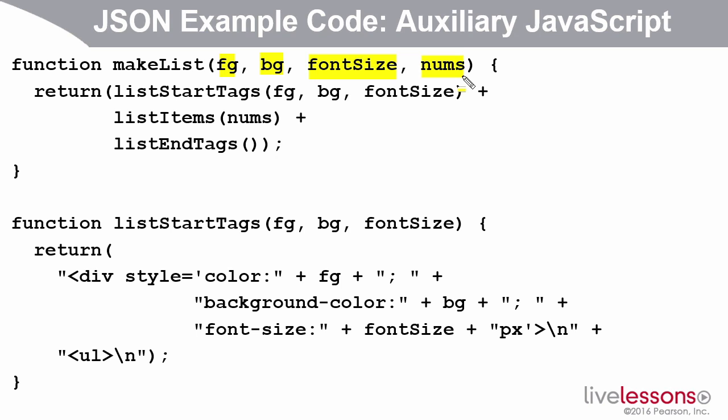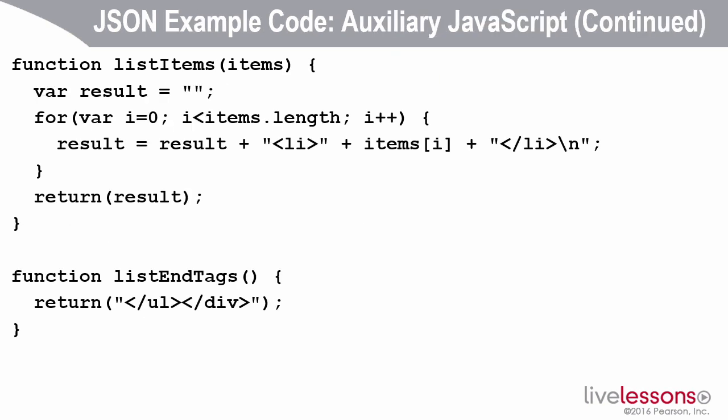Now, concatenating strings together to build HTML is pretty low level and easy to get wrong. So it's important that you test this function before you hook it up to the AJAX. So makeList builds a colored list. It calls the start tag function, and then it calls the list items function, and then the end tags function.